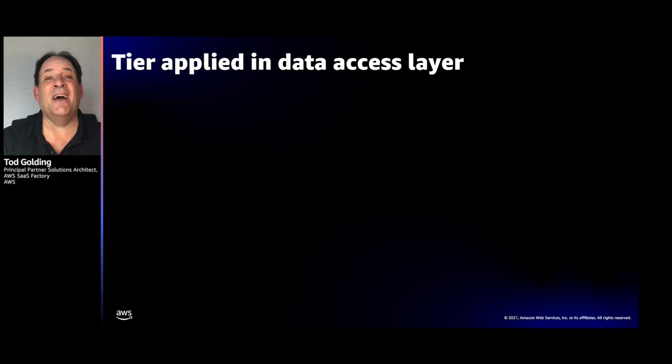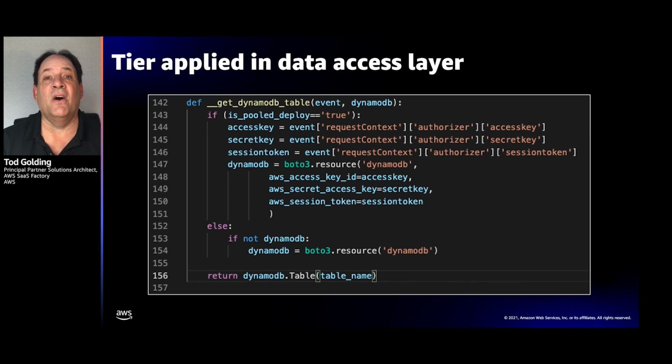Okay, now if you want to look at what that actually looks like inside the data access layer of our code, if we were to crack open the data access layer and ask what's going on here, well, now we have code that's accessing databases or tables, and it's got to support both silo and pooled models. So in the code, you'll see, if this is a pooled model, well, now we know we're using dynamic isolation.